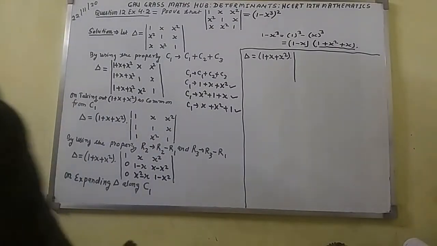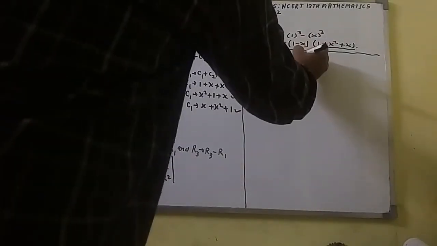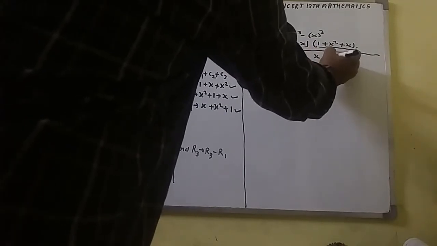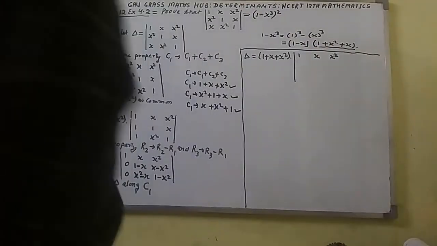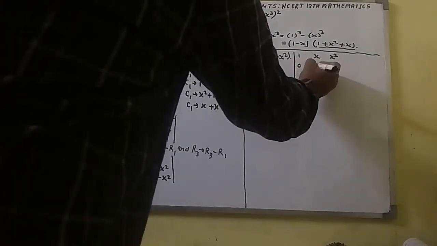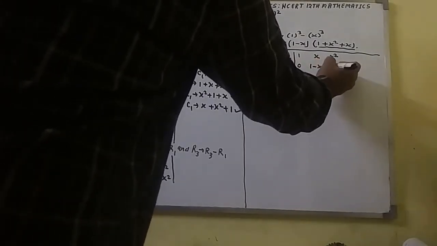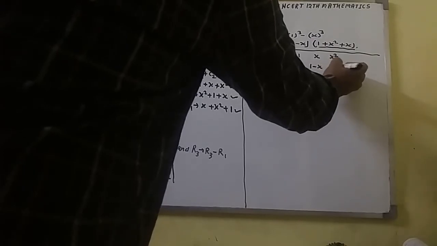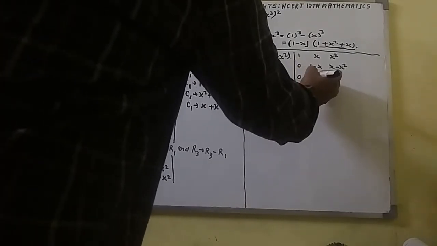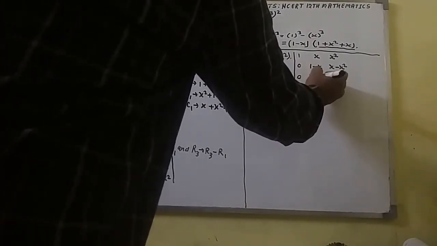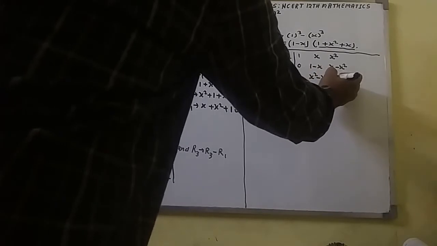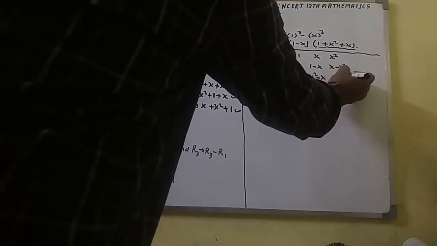The elements of the first row will be 1, x, x square. The elements of the second row will be 0, 1 minus x, x minus x square. The elements of the third row will be 0, x square minus x, 1 minus x square.